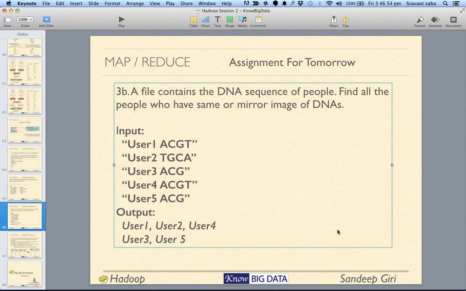We don't have dummy data right now, but you can create dummy data using this input. This file 3b contains the DNA sequences. Now what you need to do is bring the users together whose DNA is either the same or the mirror image of one another.